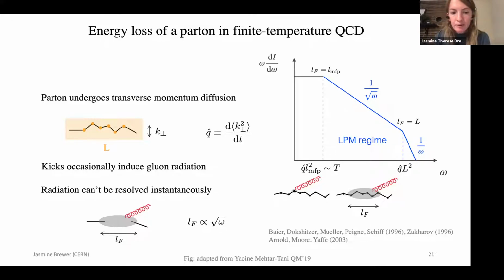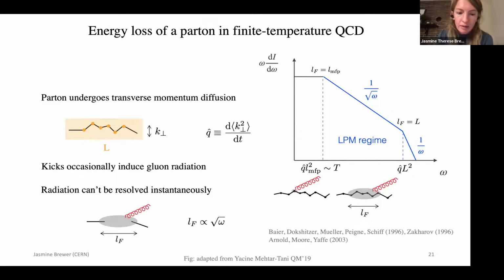One of the crucial points is that the medium can't resolve this radiation instantaneously. So there's a finite length scale on which you essentially can't tell whether this gluon has been radiated or not. This length scale is called the formation length of this splitting. So there is some inherent fuzziness in the ability of this radiation to be resolved.